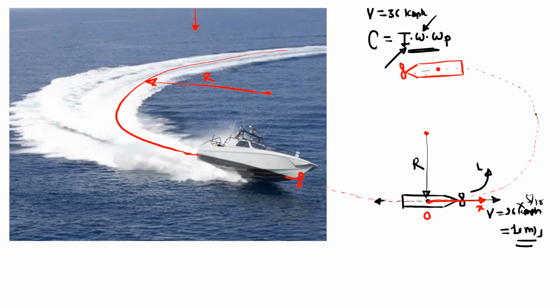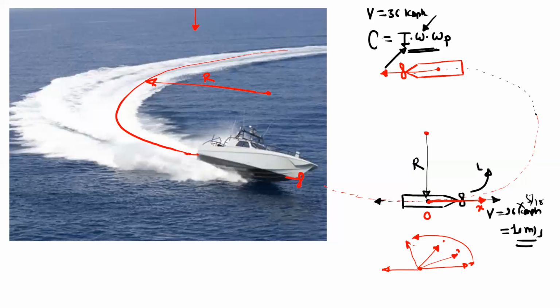The axis of spin will change direction. This is the gradual precession motion of the axis of spin, and this is the ship's movement.